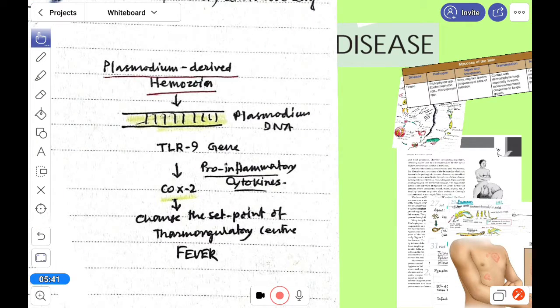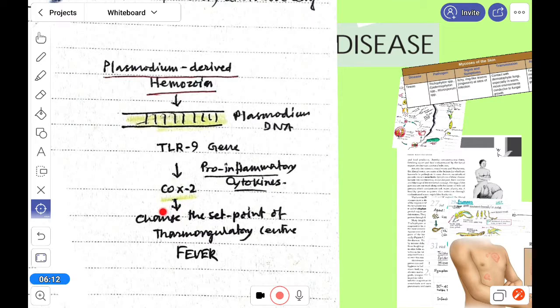The rupture of RBC is associated with the release of the toxic substance hemozoin. This hemozoin is a toxic substance from Plasmodium, recognised through one certain gene, TLR9, and when it enters our body it creates pro-inflammatory cytokines, immunological signals.